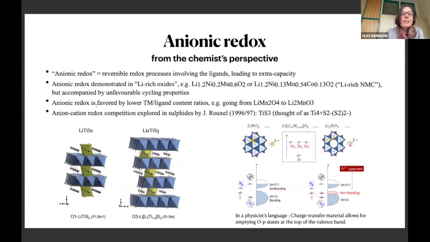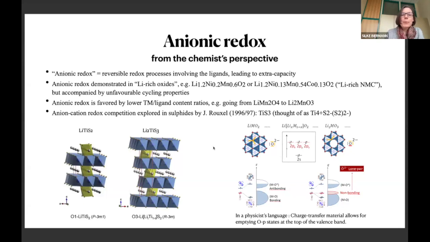Anionic redox is generally favored if you increase, of course, the ligand content, so if you lower the transition metal to ligand content ratio. So for example, instead of having 2 oxygens for one manganese, you have lithium 2 manganese O3. And anionic redox indeed has a history in the chemistry community.